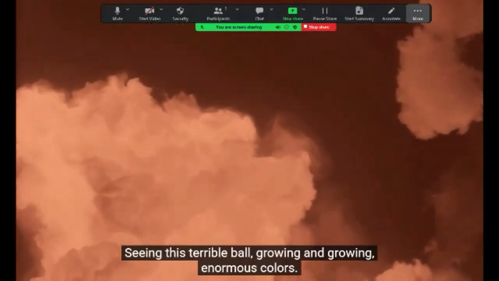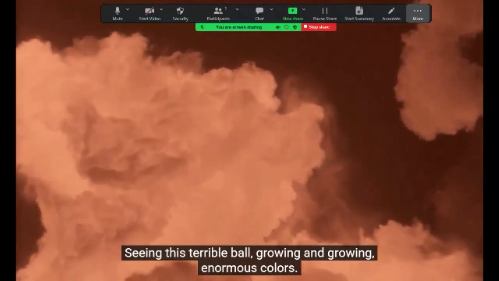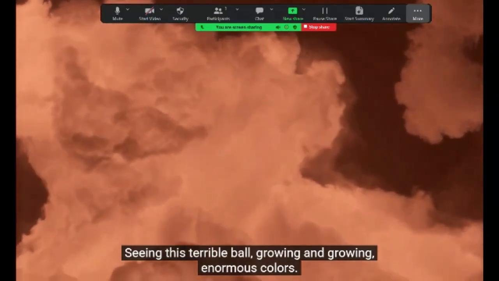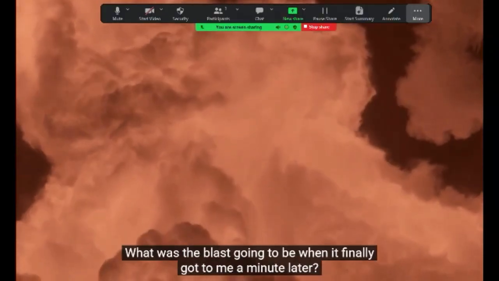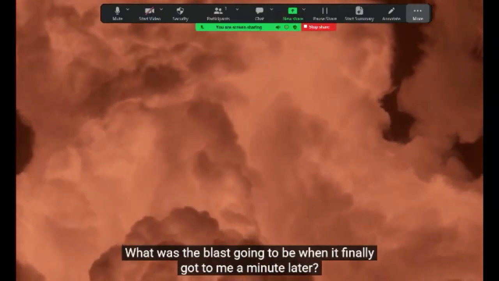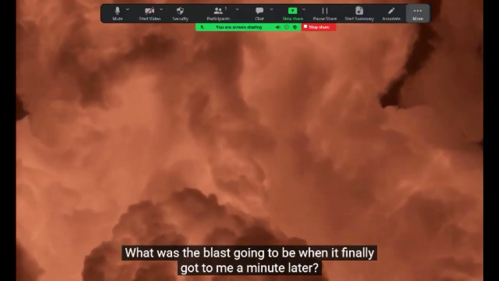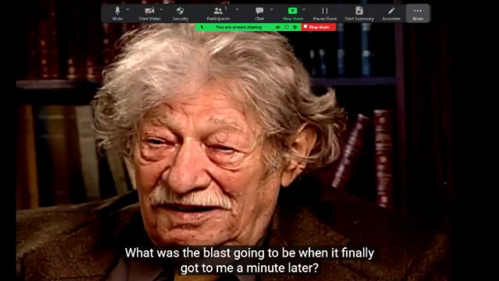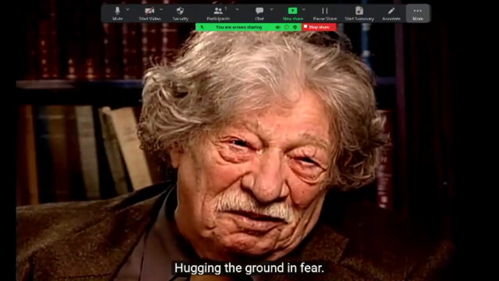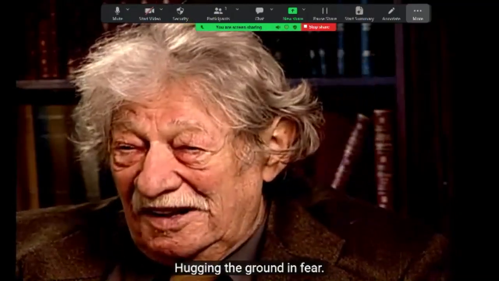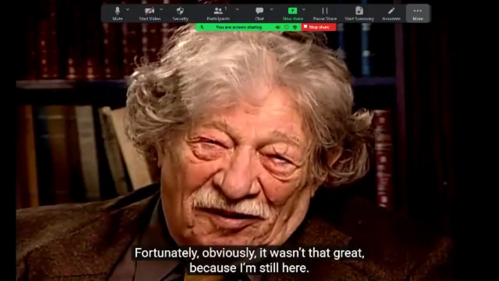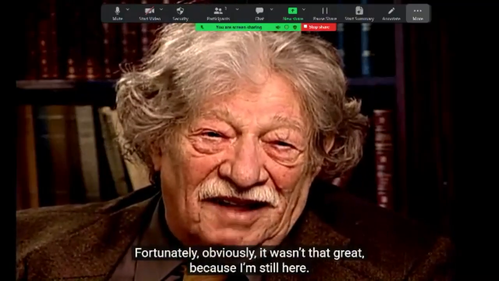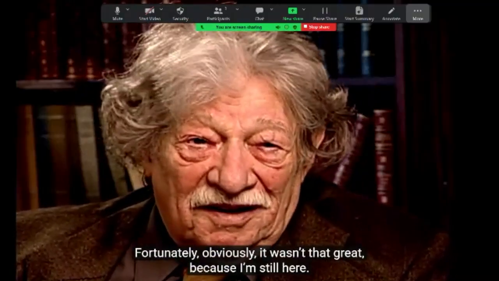Seeing this terrible ball growing and growing, enormous colors, and what was the blast going to be when it finally got to me a minute later. And hugging the ground, fear. And fortunately, obviously, it wasn't that great because I'm still here.